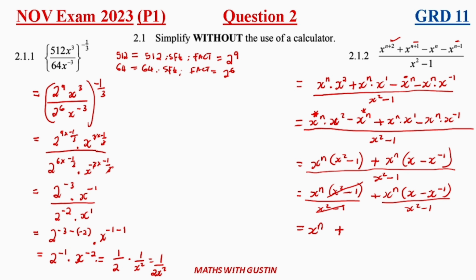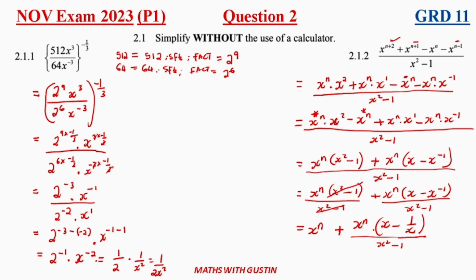So now let's look at that one there, x to the power of n in brackets x to the power of 1 minus x to the power of negative 1. Let's simplify this. This can be rewritten as x to the power of n times x minus, and we can rewrite this according to the exponential laws as 1 over x, close bracket, all over x squared minus 1.